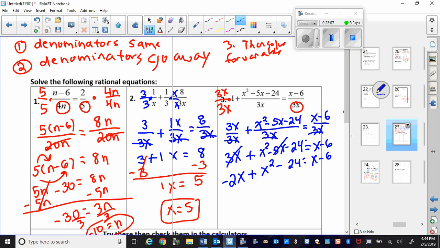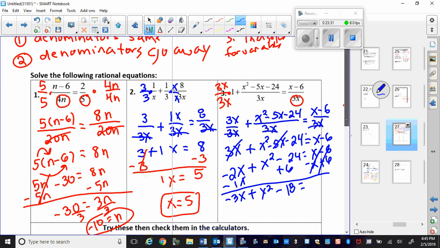Now we want everything on one side and we want it in standard form. So we're going to subtract x and add 6 on both sides. Subtract 1x, add 6. Okay? This becomes negative 3x plus x squared minus 18 equals 0. All right, both of those cancel.